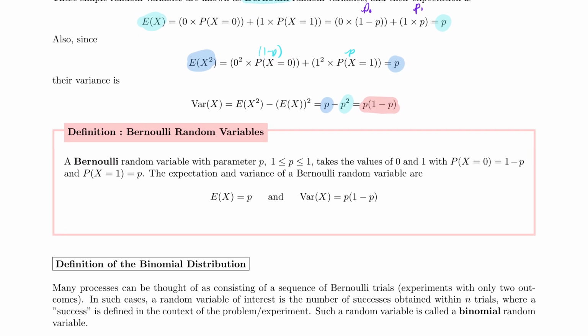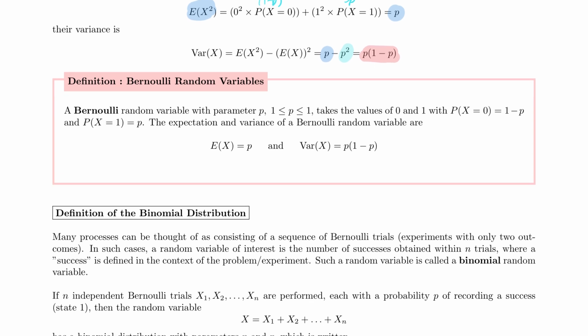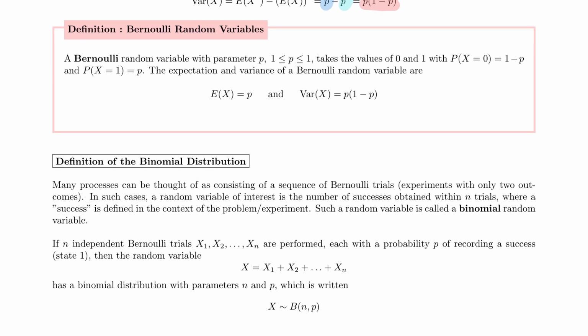And of course, I have this all put in a box right below where I always summarize things for you. So let's talk about what we see in our box here, our definition.